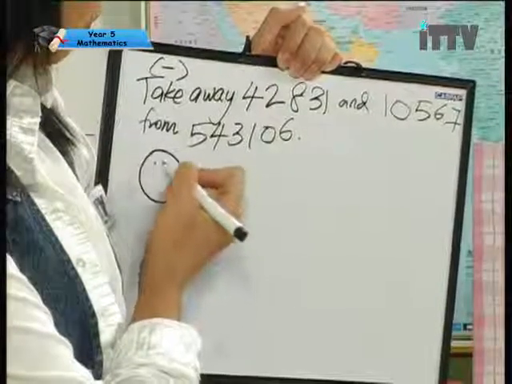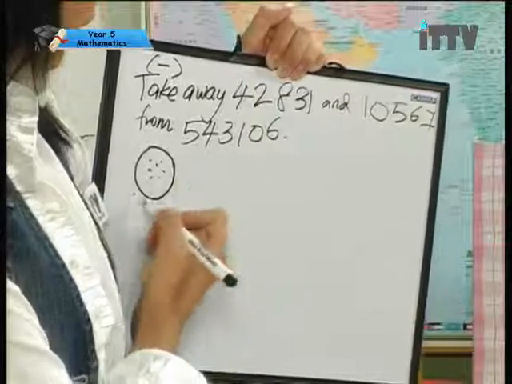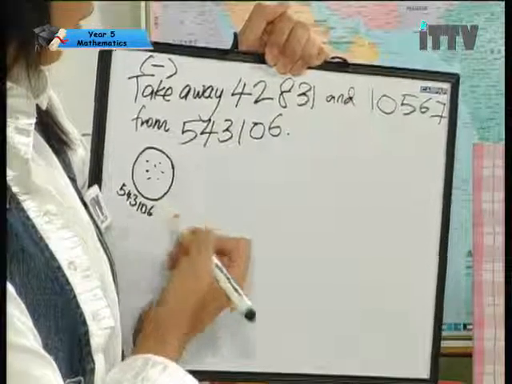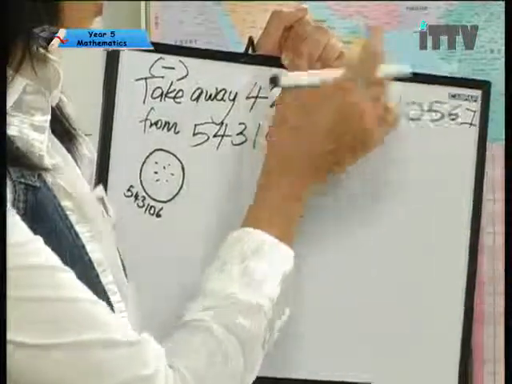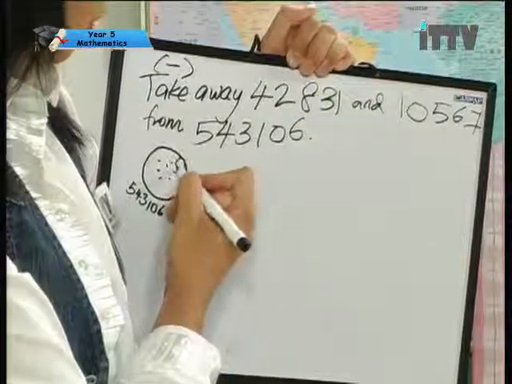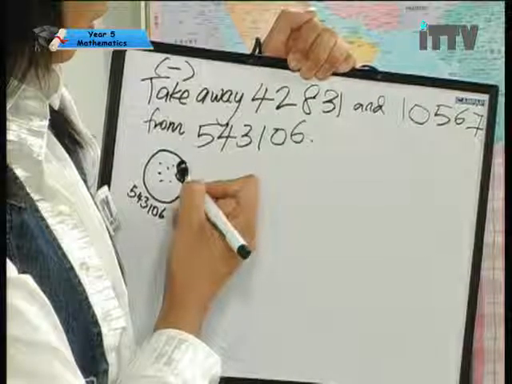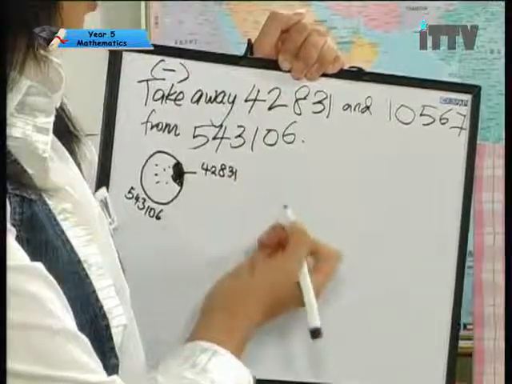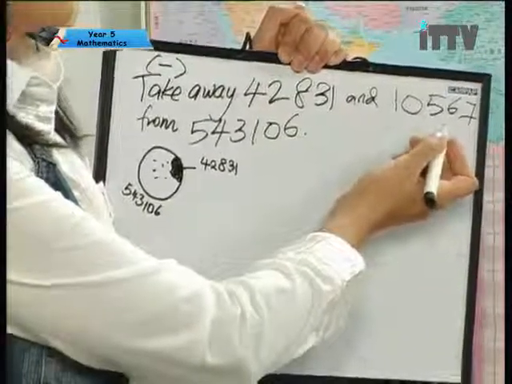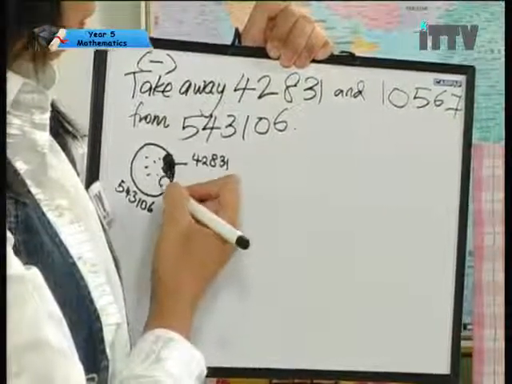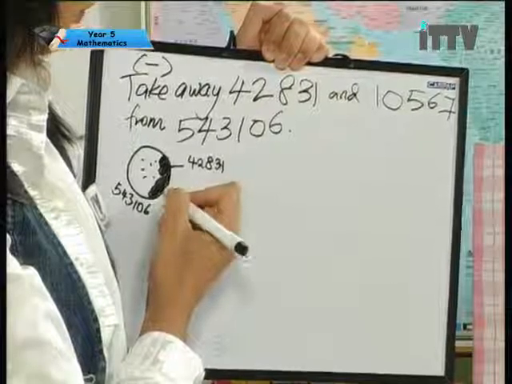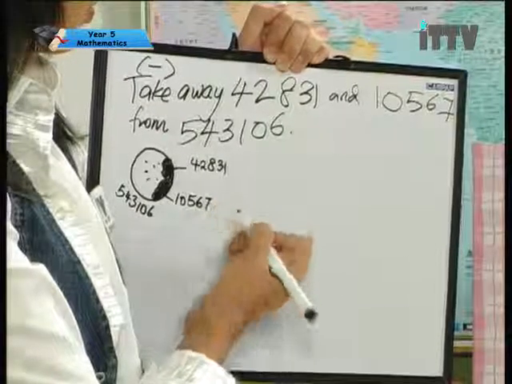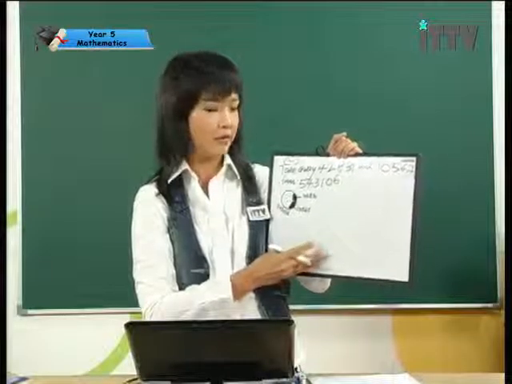This big biscuit over here represents 543,106, and I want to take away this number. So, oops, somebody has bitten off the biscuit. Take away 42,831, and take away this as well. Bite off another side for 10,567. So how much do you have left?